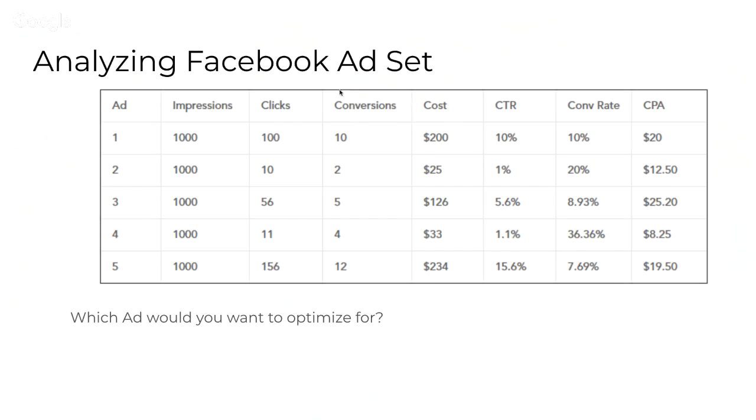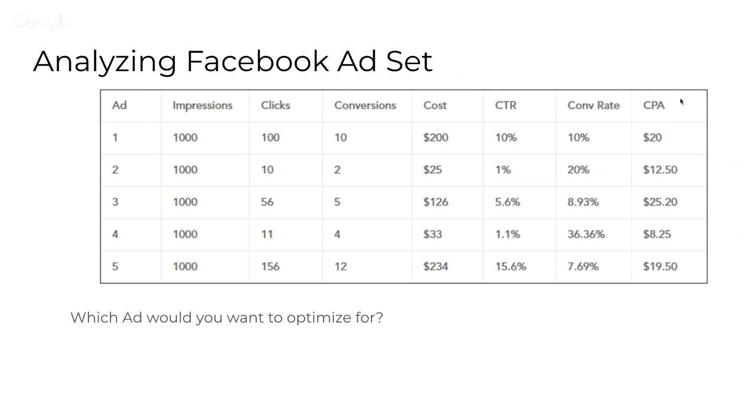We'll pretend that those are purchases. Then the cost, or how much we spent per ad, the CTR or the click-through rate, so the number of clicks per impressions, and the conversion rate, so number of conversions per clicks, and the CPA.